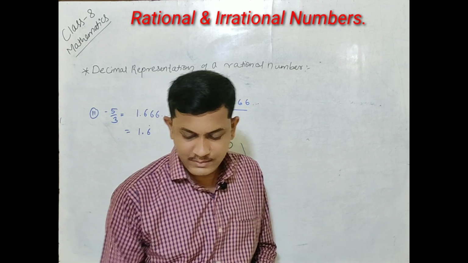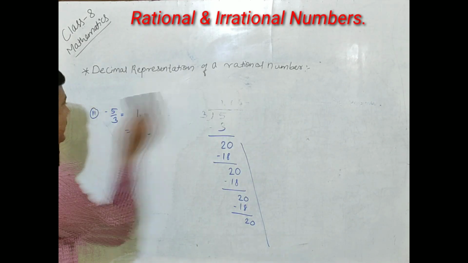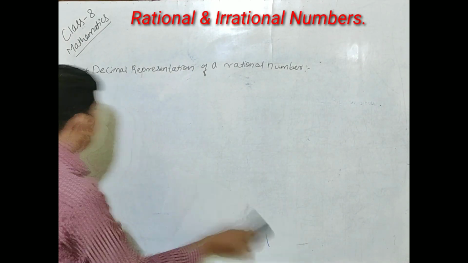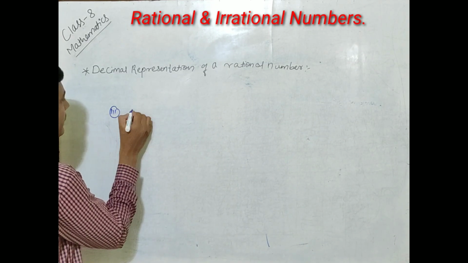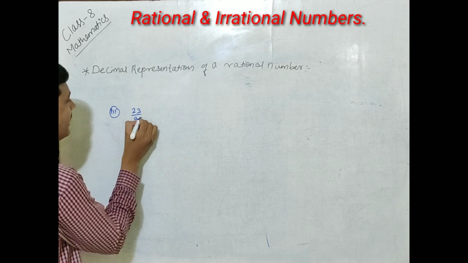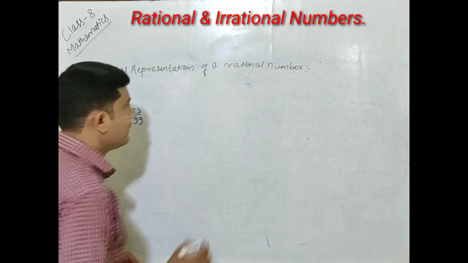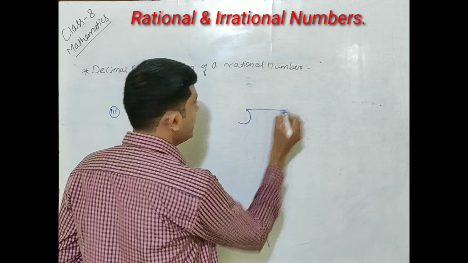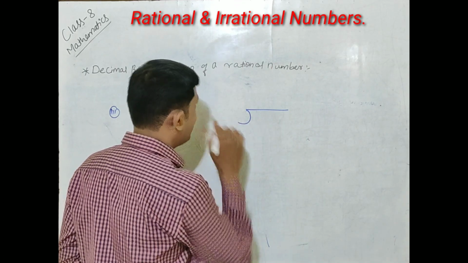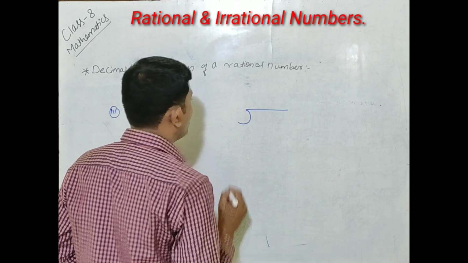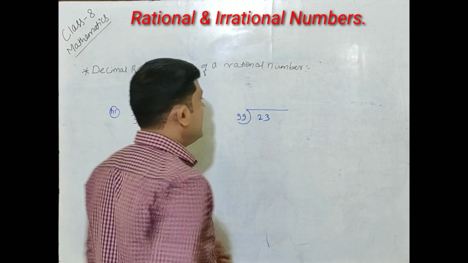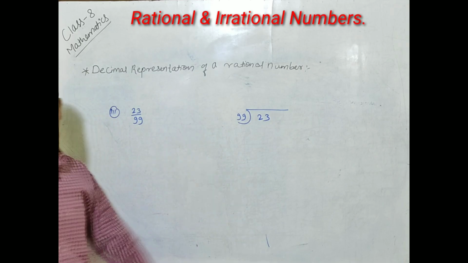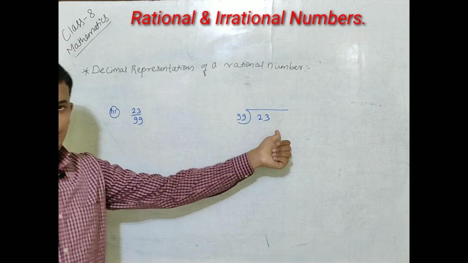Then the next example we will see is 23 upon 99. 23 divided by 99. This is the rational number. We have to solve it or convert it into decimal form. Here 23 is less than 99, so the division is not possible.